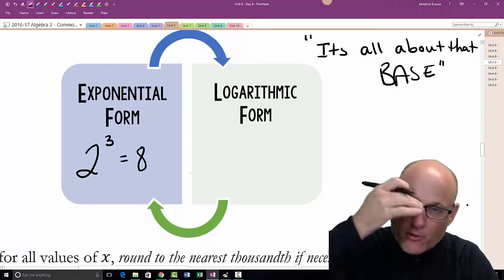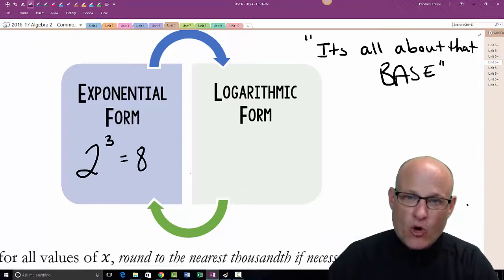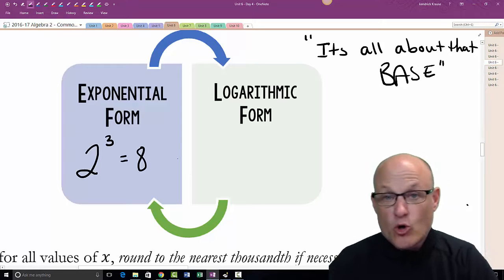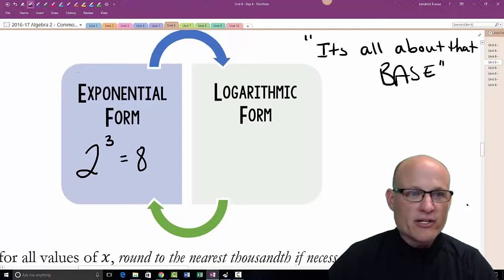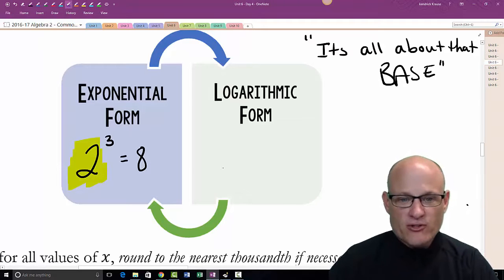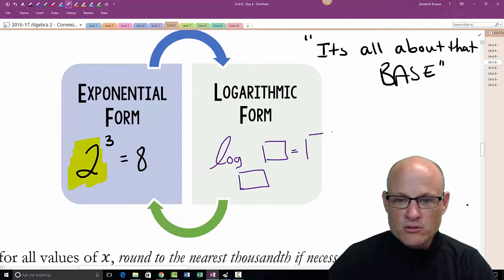That's what you want to remember when you're changing the form of a logarithmic function, or you're changing the form of an exponential function. So if it's all about that base, I come over here and I say, okay, my base is 2. When I write a log function, it's log, and I got 3 places to fill. 1, 2, 3.